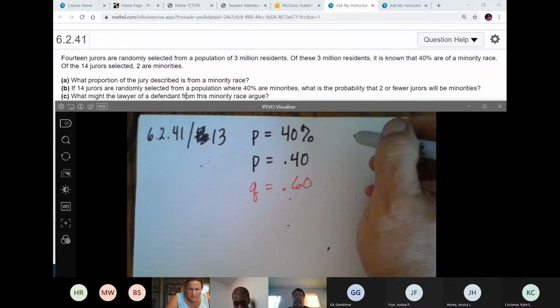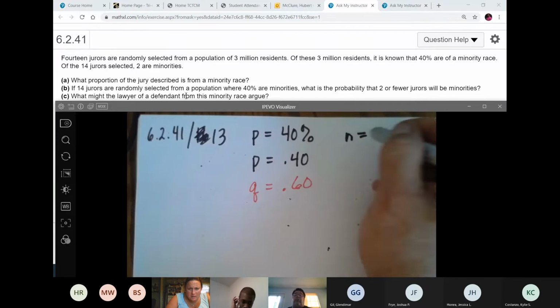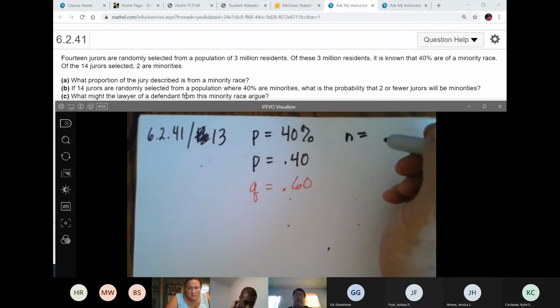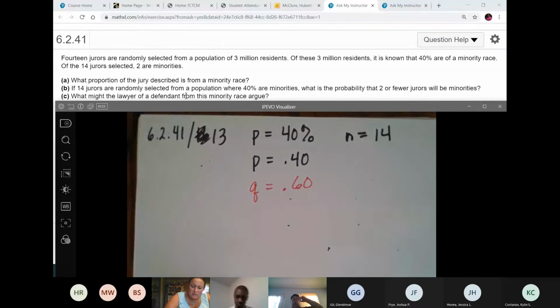Is it 3 million? No, you know why they put that 3 million in there? To throw you off. Because you always say N is the biggest number. N is equal to 14.